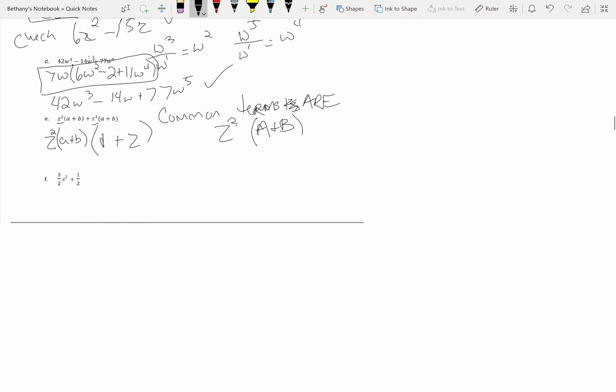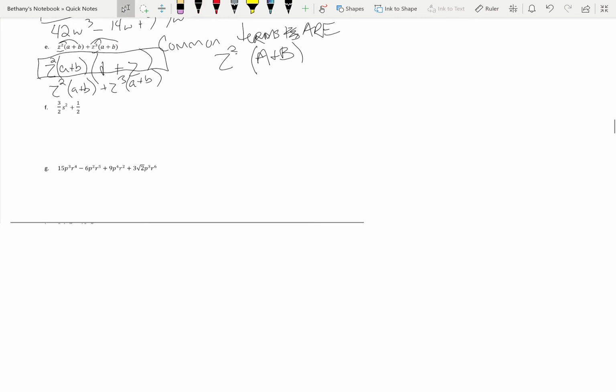I know I'm correct because z squared a plus b times 1 is just z squared a plus b, and z squared a plus b times z would be z to the 3rd a plus b. Now you might ask, shouldn't I distribute the z first? I mean, you could, but it wouldn't really change the fact that we are multiplying by both z squared and the a plus b.